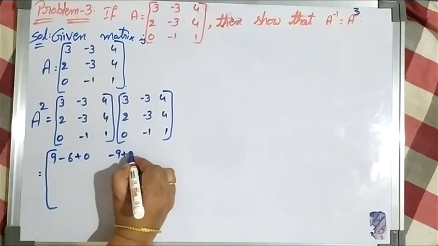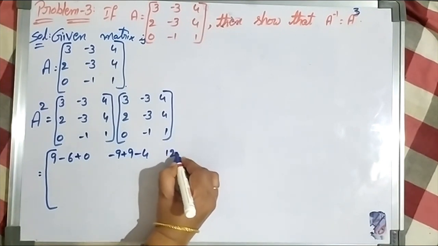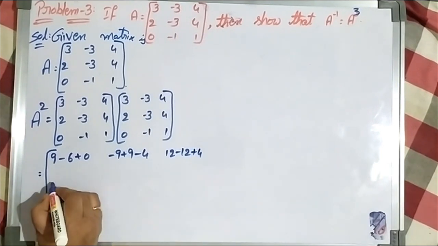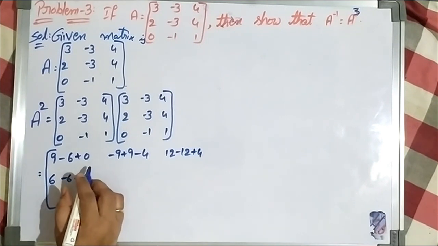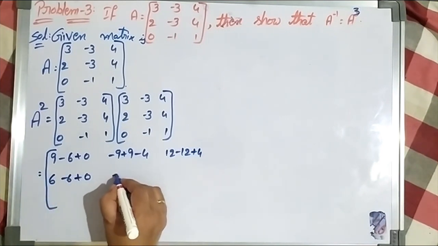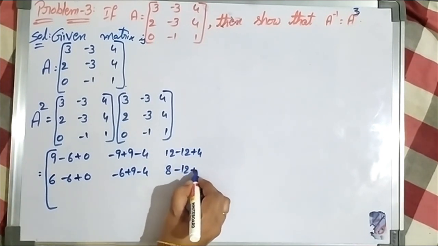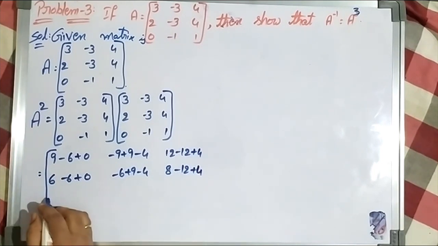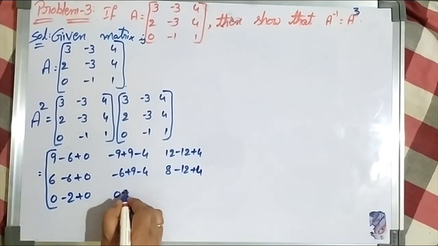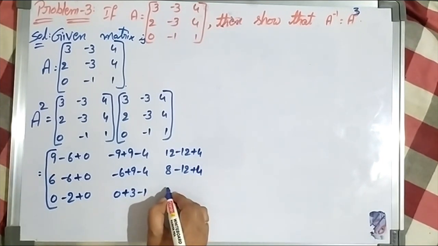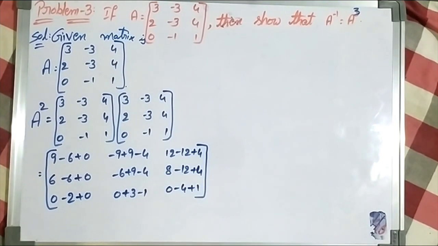Minus 9 plus 9 minus 4, 12 minus 12 plus 4, 6 minus 6 plus 0, minus 6 plus 9 minus 4, 8 minus 12 plus 4, 4, 0 minus 2 plus 0, 0 plus 3 minus 1, 0 minus 4 plus 1. This is the multiplied matrix.